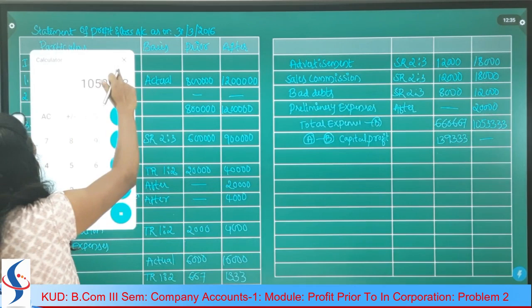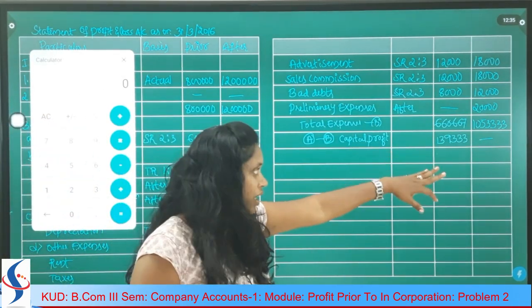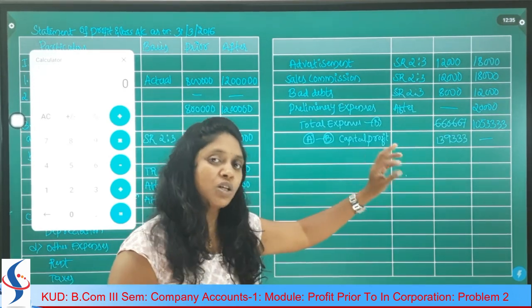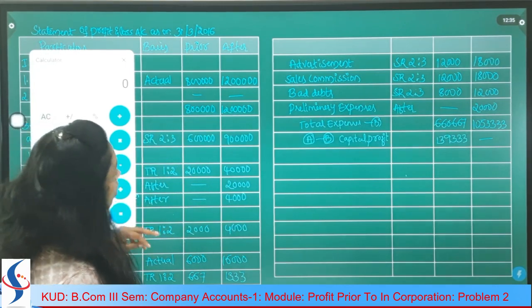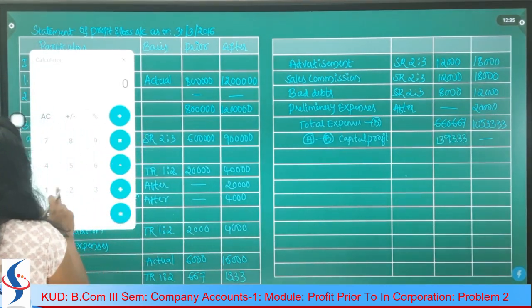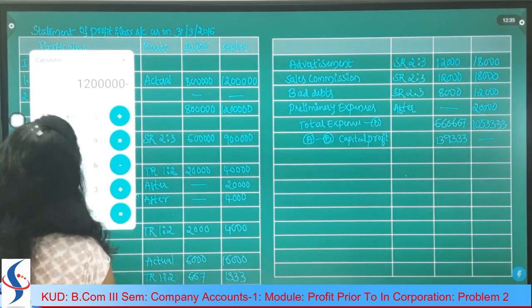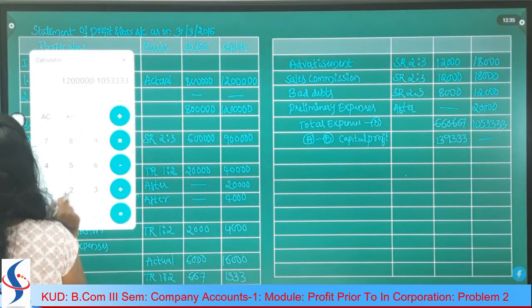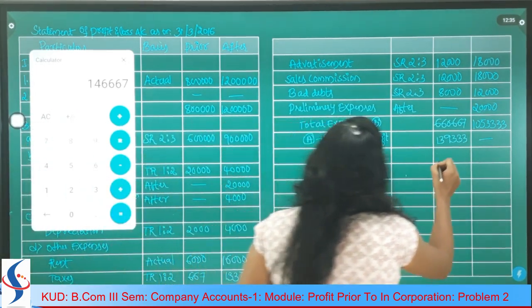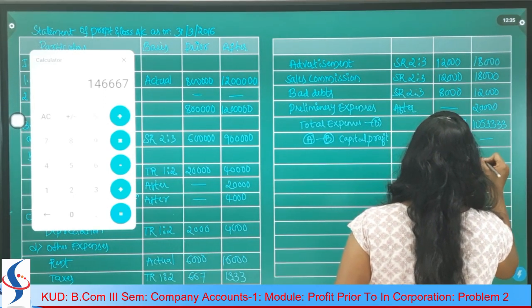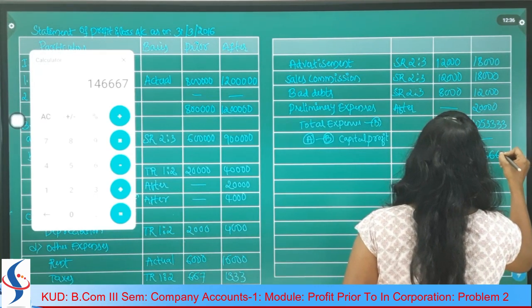Let it come. Ultimately, what we need to concentrate on is, when we add before incorporation and after incorporation profit, our total profit should match with the profit given in the question. Only that should be our motto. So what is the revenue of after incorporation? 12 lakhs minus 10,53,333 is equal to 1,46,667.